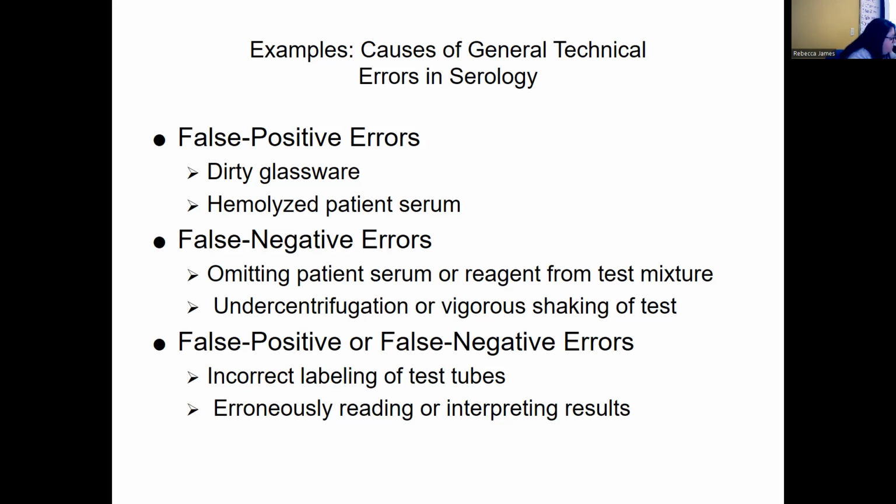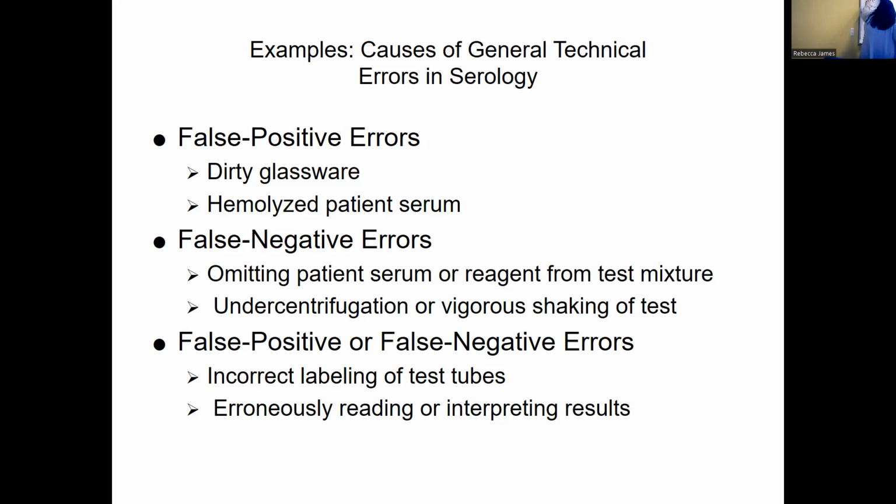Precision describes how close test results are to one another when the analysis of the same specimen is repeated. So accuracy describes how close a test result is to the true value, and precision is how close results are when repeated.